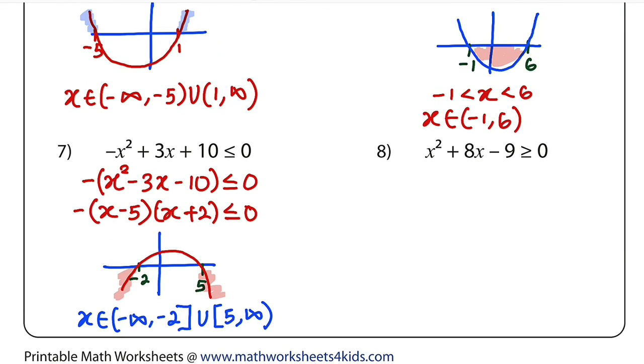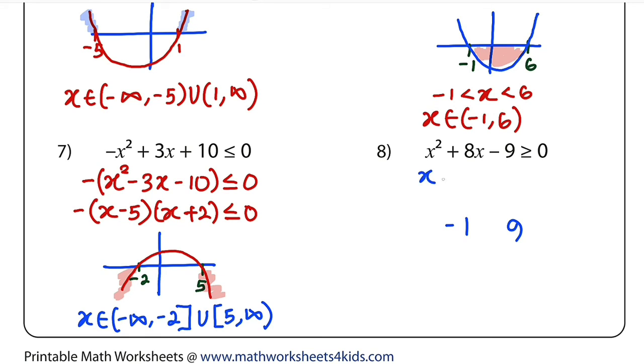All right, the last problem here, x squared plus 8x minus 9. Think of two numbers you can multiply to get -9, but the moment you add them together you get 8, so it will be -1 plus 9. Yeah, -1 times 9 is -9, and -1 plus 9 is 8.